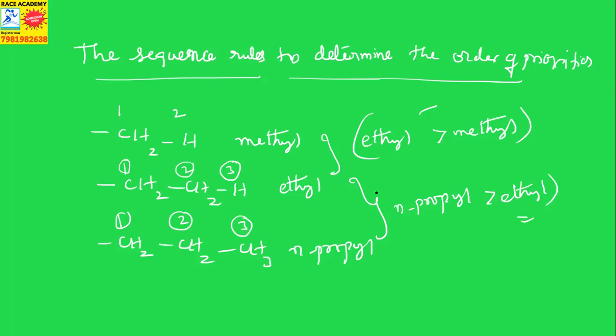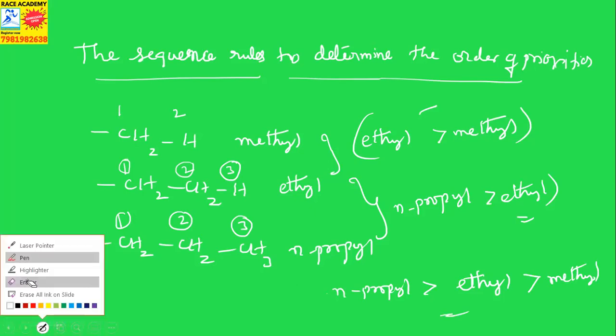Among all three, N-propyl will come first in the priority, after that ethyl, then methyl. This is the point we are discussing.